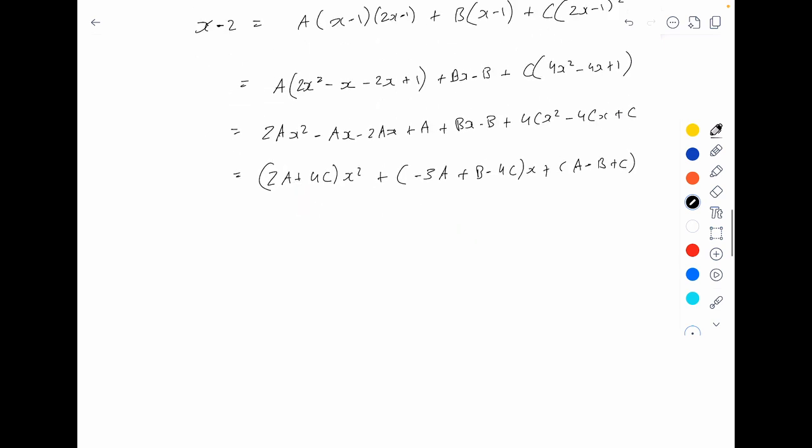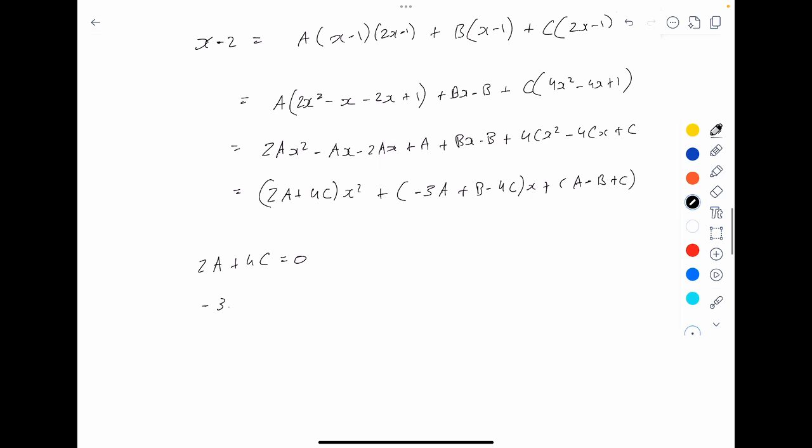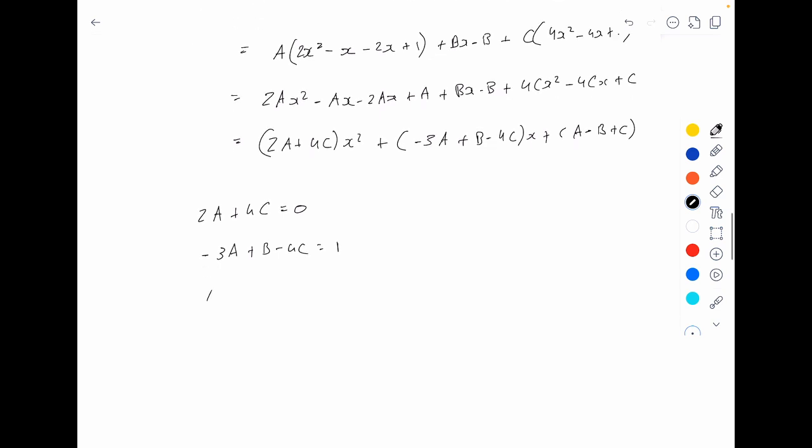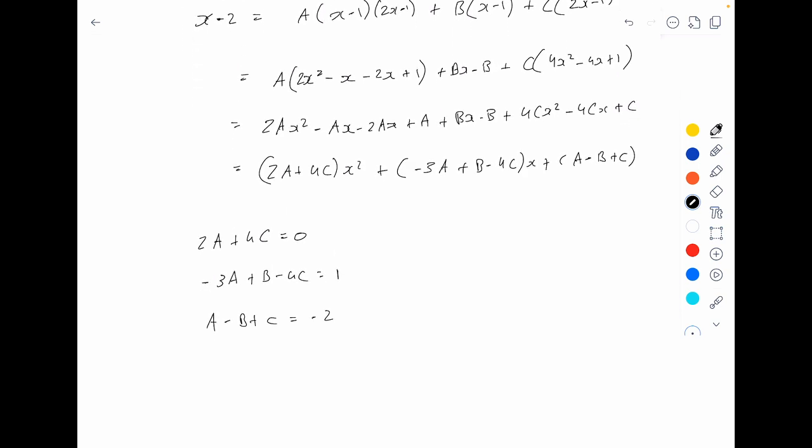So 2a plus 4c is going to equal 0. Negative 3a plus b minus 4c is going to equal 1. And lastly, a minus b plus c is going to equal minus 2.